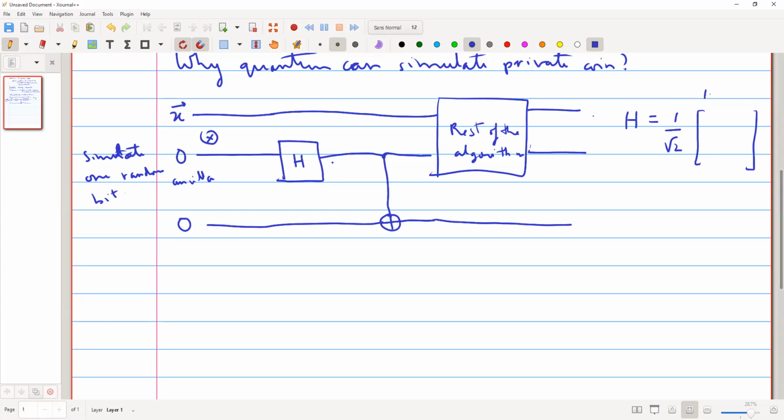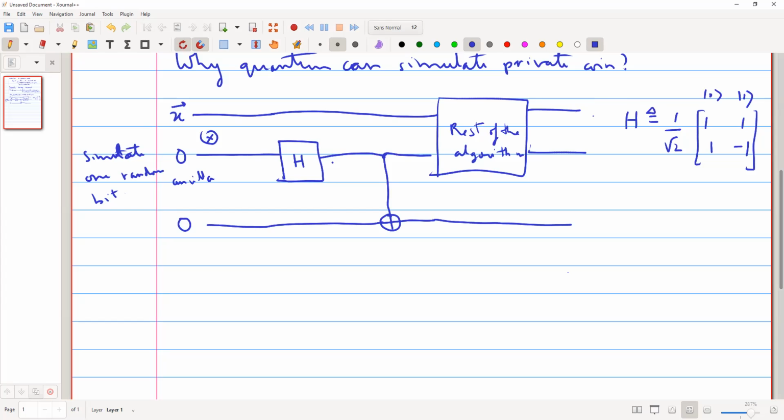The first column corresponds to the action of the unitary on the first standard unit vector, which I call ket 0, which is (1, 0). The second column is the action of the unitary H on the second standard vector, which is (0, 1), which I'm calling ket 1. So this is the definition of the unitary.